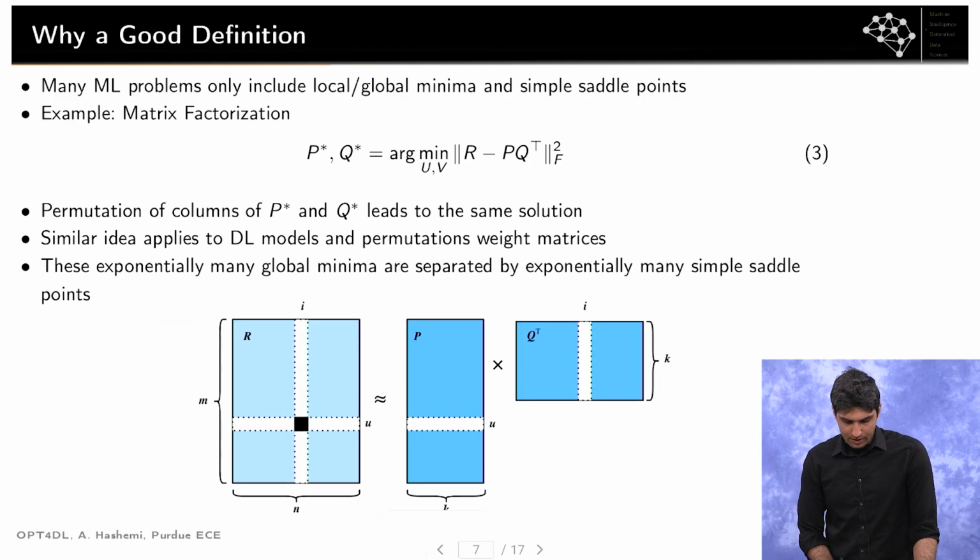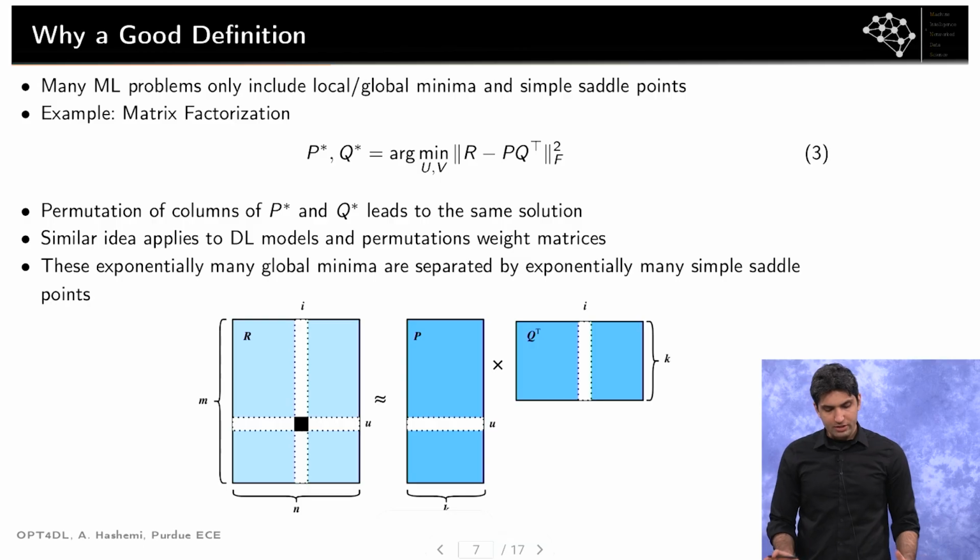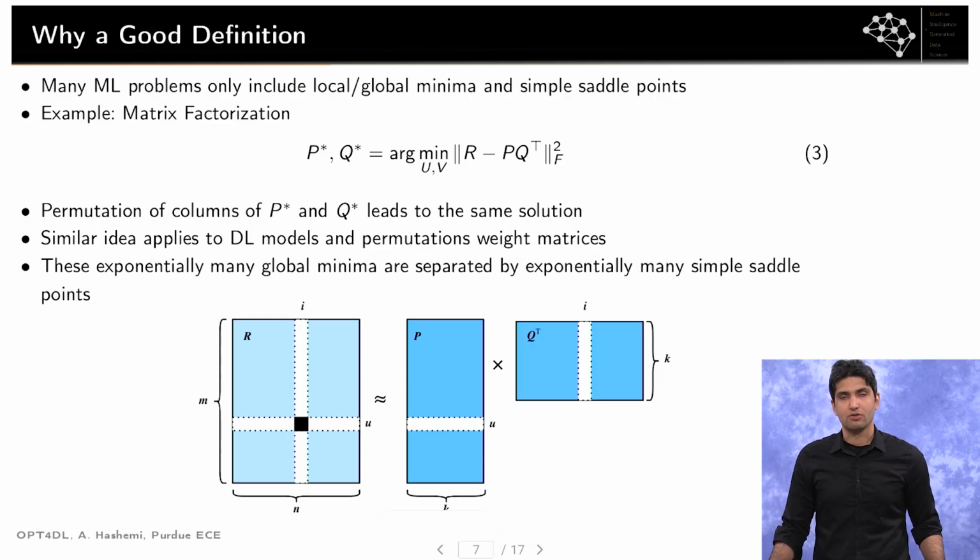Nonetheless, we can argue that it is a good definition to work with, because in many problems we are going to have only local or global minima as well as simple saddle points. So it is very unlikely to see higher order saddle points. Therefore, if I have an algorithm that can find a second order stationary point, that solution is going to be a good solution. It's going to be a local minimum or a global minimum.